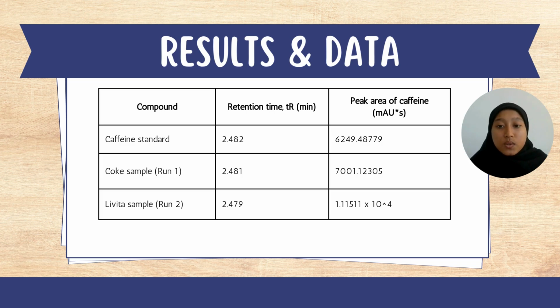Alright, so next we look into the table, where we have the retention time and also the peak area. We ran the HPLC with three different samples: the caffeine standard, the Coke sample, and the Levita sample. It came up with three values for the retention time: 2.482 for the caffeine standard, 2.481 for the Coke sample, and 2.479 for the Levita sample.